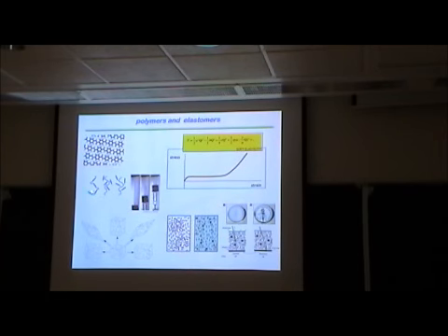So you can make liquid crystal polymers, main chain polymers, where you have mesogenic groups, the kinds that we've been talking about, hooked together in a linear chain, or you can put the mesogens on as pendants, as side groups on a chain.